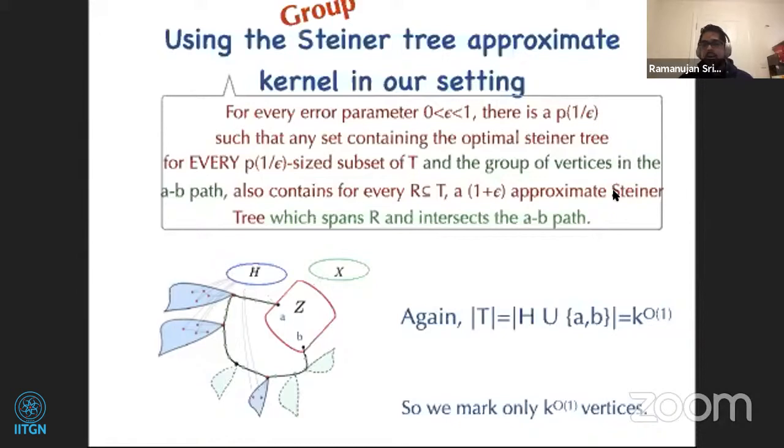The point here being that maybe I won't be connecting just H, A, and B, but there could be one more vertex on this path which I want to connect, right? Because this vertex could be useful for hitting cycles. So I also have a group comprising all the vertices on this path just to cover this possibility as well.